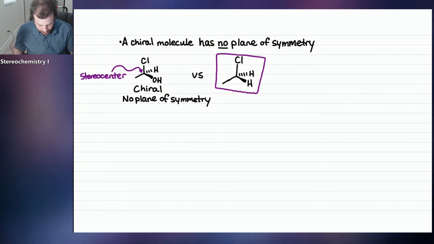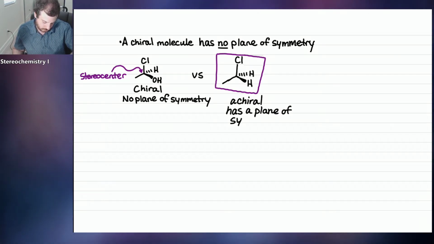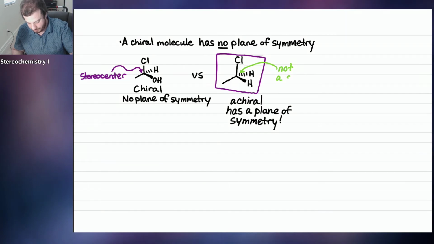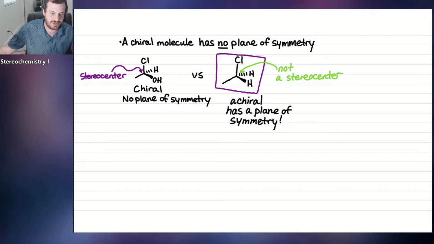So because this molecule has a plane of symmetry, it's said to be achiral. And so the carbon in the center here is not a stereocenter.